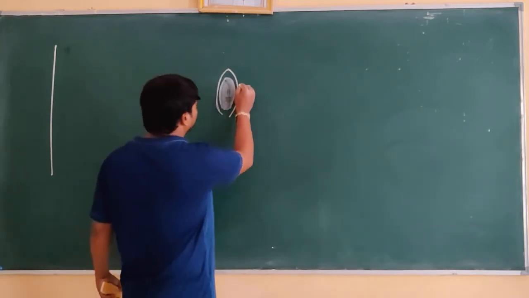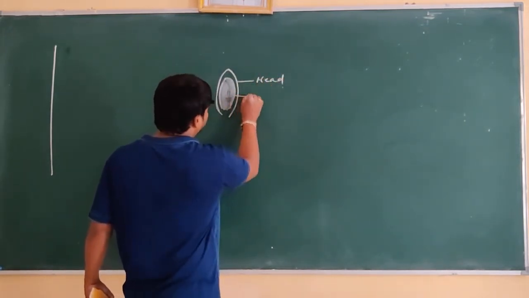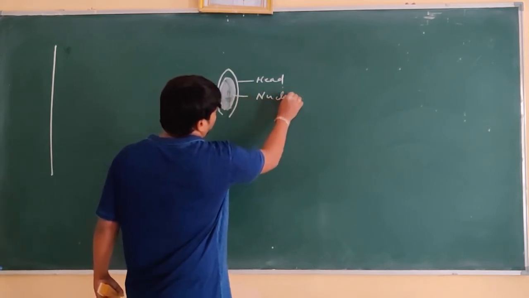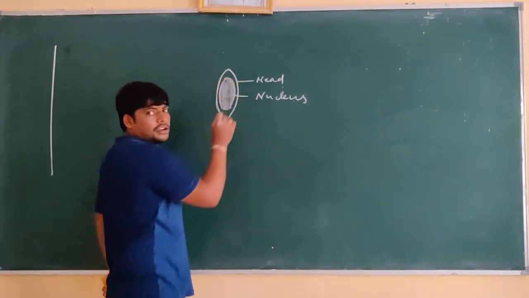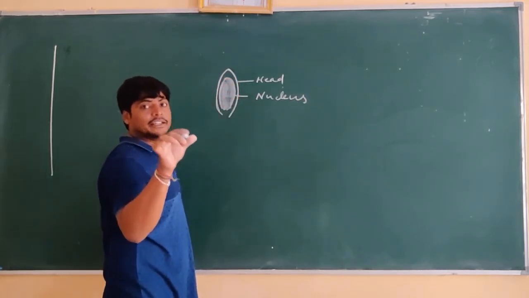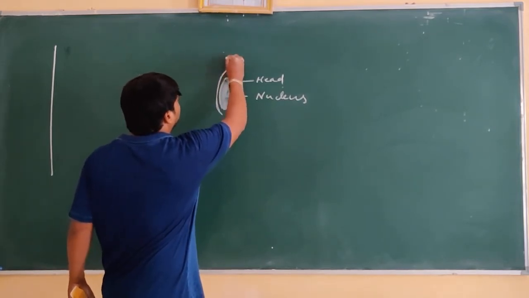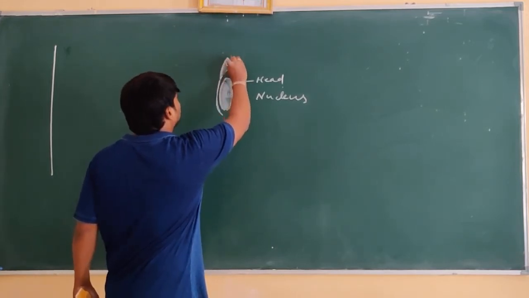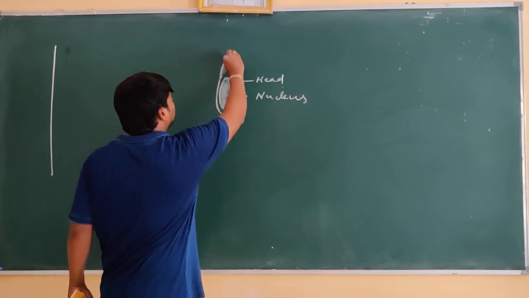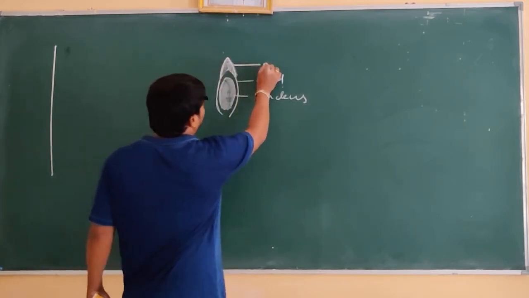So this is the head of the sperm cell and this is the nucleus. At the tip of the head, we can see one extension part, which is called the acrosome. So this is the acrosome.